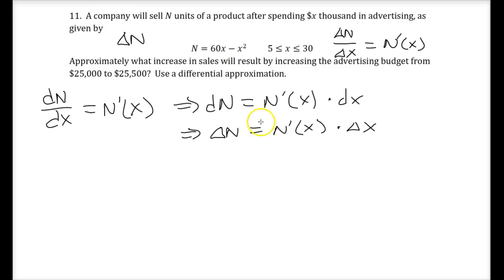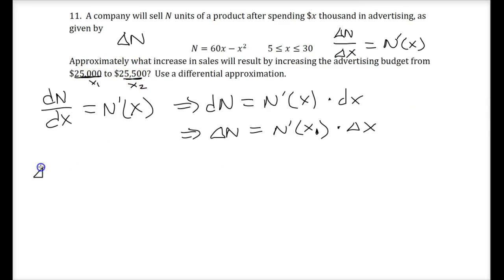The one thing to note here that is implied, but I'm going to explicitly say, is that when we do this approximation, everything is with respect to the first x value that we have here. Let me see if I can write that in. What do we mean by that? Here is going to be our x1, here is going to be our x2. So this is the old x value, this is the new.